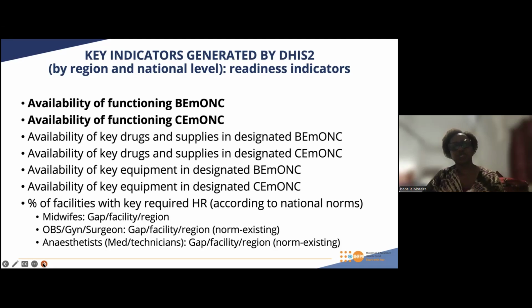According to national law, because in this network it has been decided that a basic facility should have at least a minimum number of midwives, at least 3, depending on the caseload. For doing this monitoring, we have been able to track on a regular basis the number of facilities that have the adequate number of midwives, OBGYNs, anesthetists, because we are talking about emergency obstetric care.